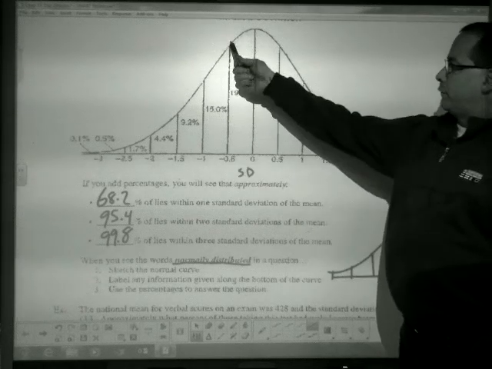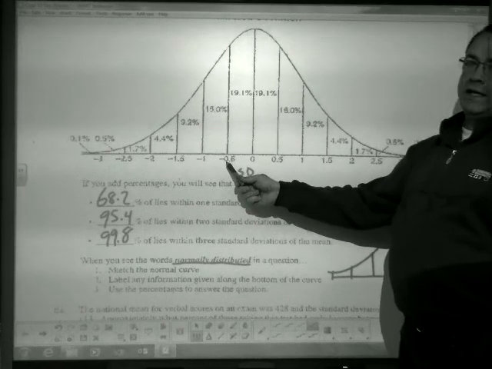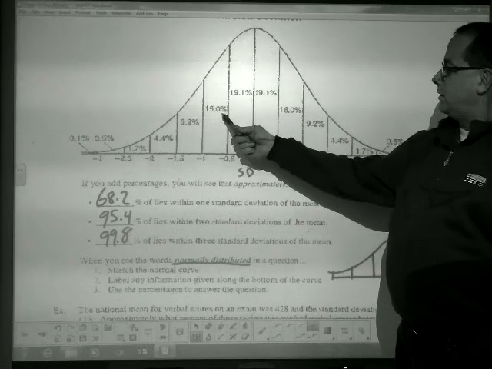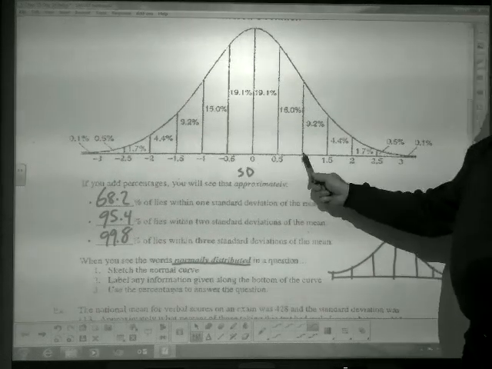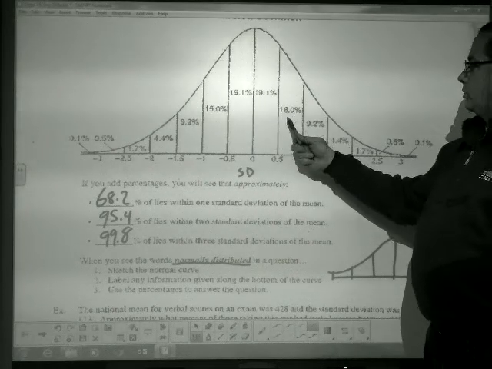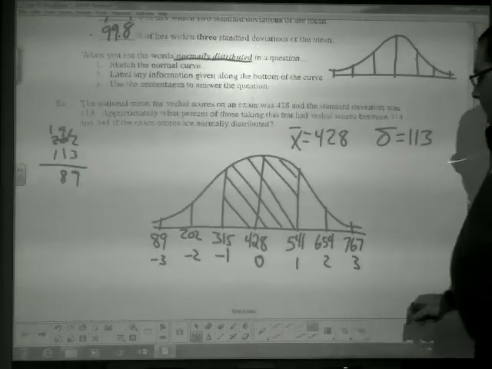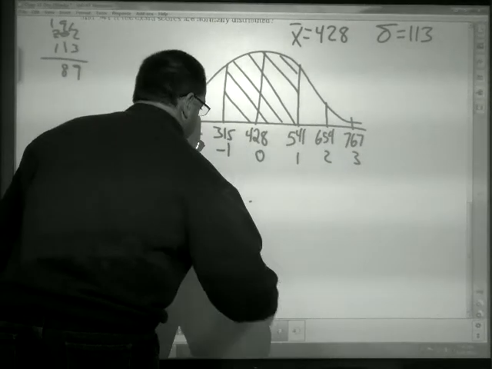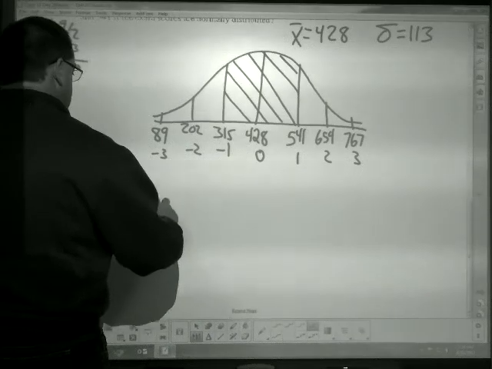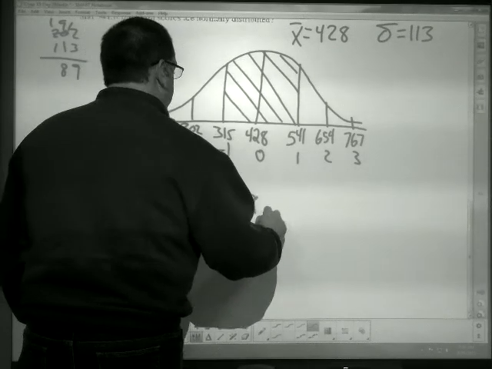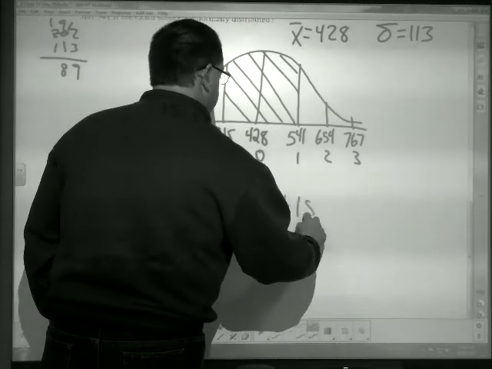I can't stop at the first line because that's not -1, that's a half. -1, so I got 15, and I'm going to go all the way up to +1. So I got 15 plus 19.1 plus 19.1 plus 15.